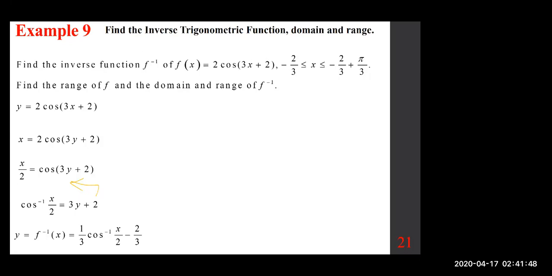So what we want to do is to find the domain and range. So we're going to use the given. What is given? The domain of f of x. If this is the domain of f of x, it better be the range of f inverse.